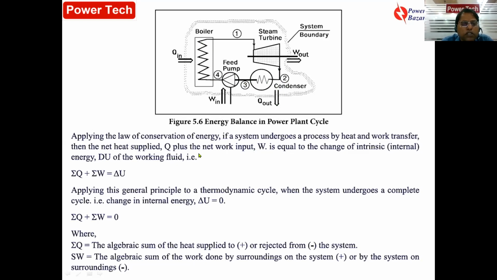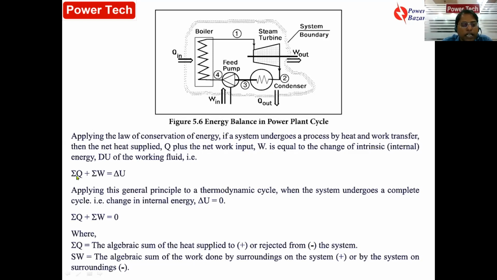Now, in this process, if you apply the law of conservation of energy, if a system undergoes a process with both heat and work transfer, then the net heat supplied, Q, plus the net work output, W, is equal to the change in intrinsic or internal energy, dU, of the working fluid.